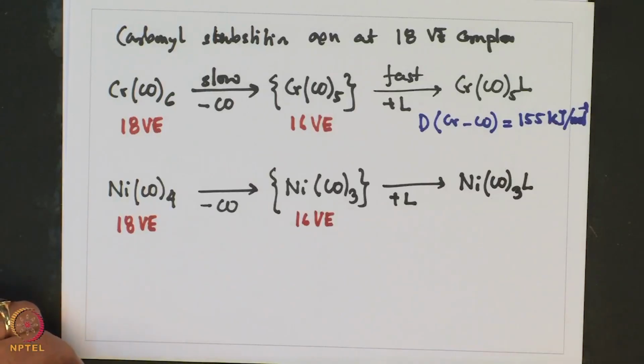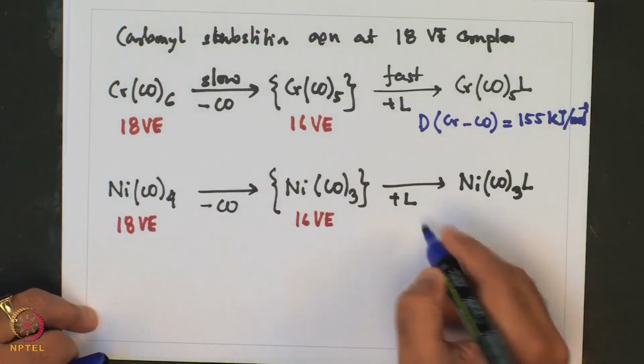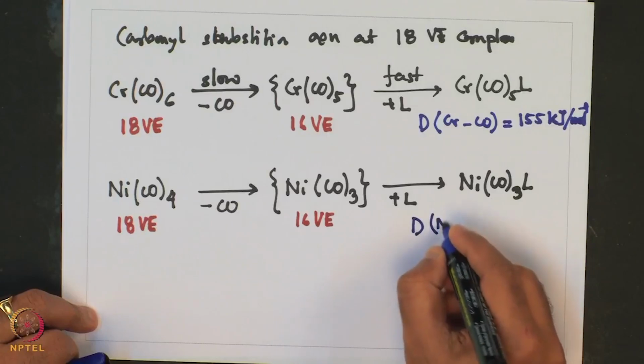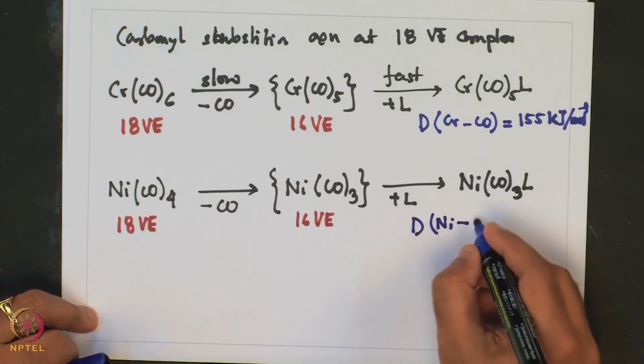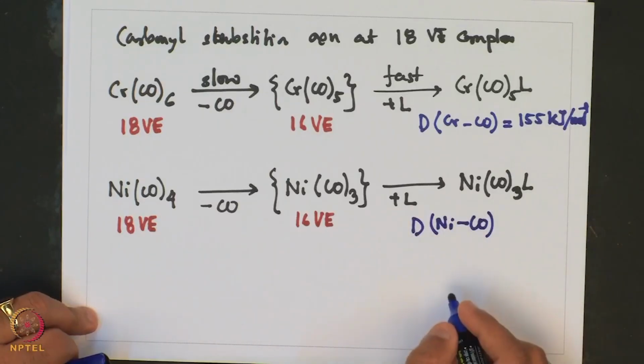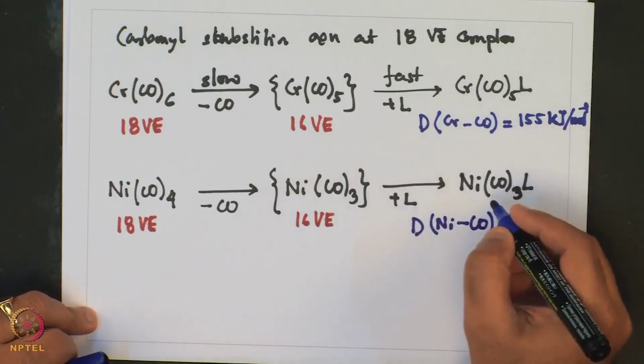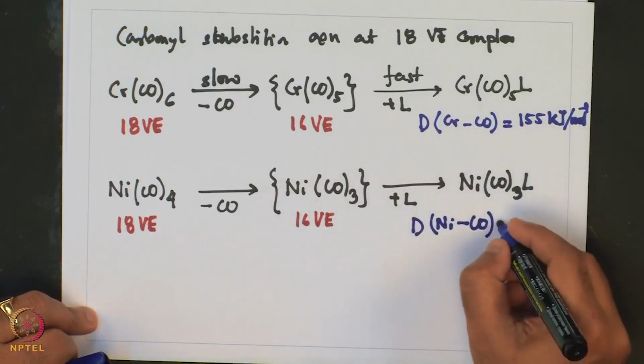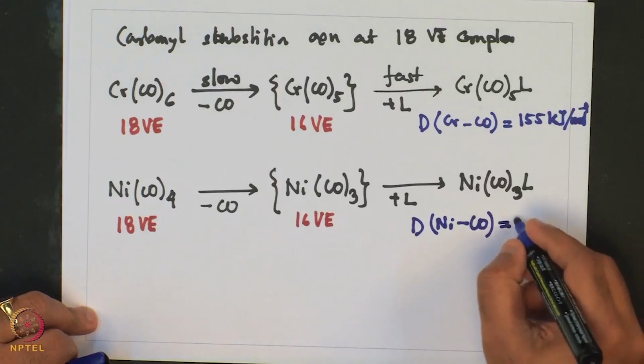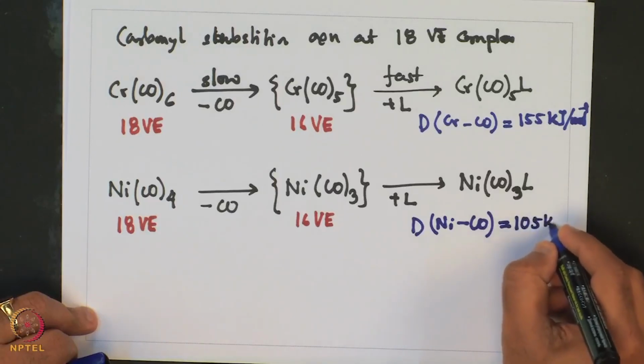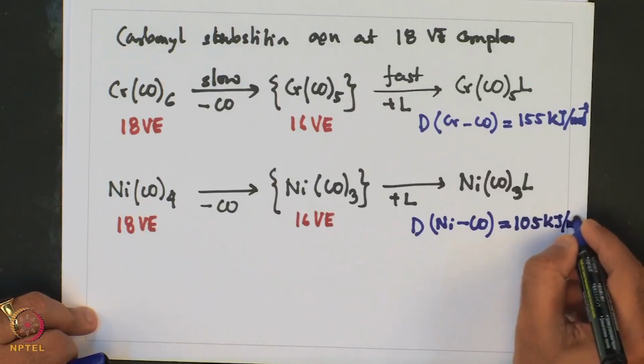Now, with regard to bond dissociation energy, the nickel carbonyl bond is much weaker than the above mentioned chromium carbonyl bond, and this bond energy is about 105 kilojoules per mole.